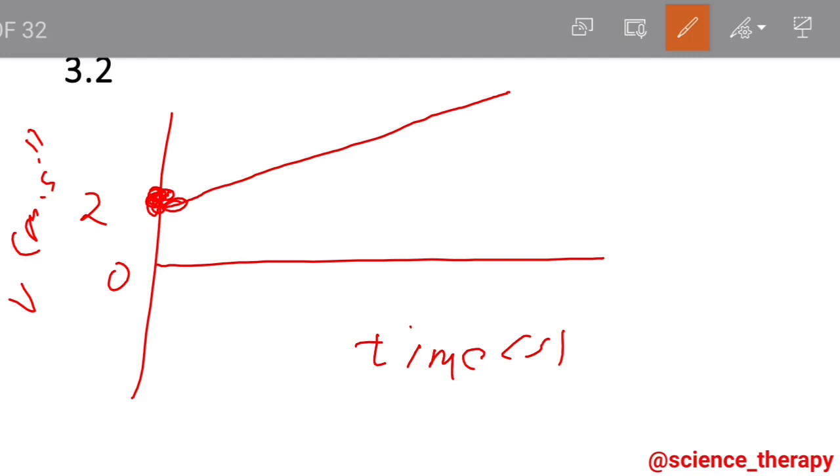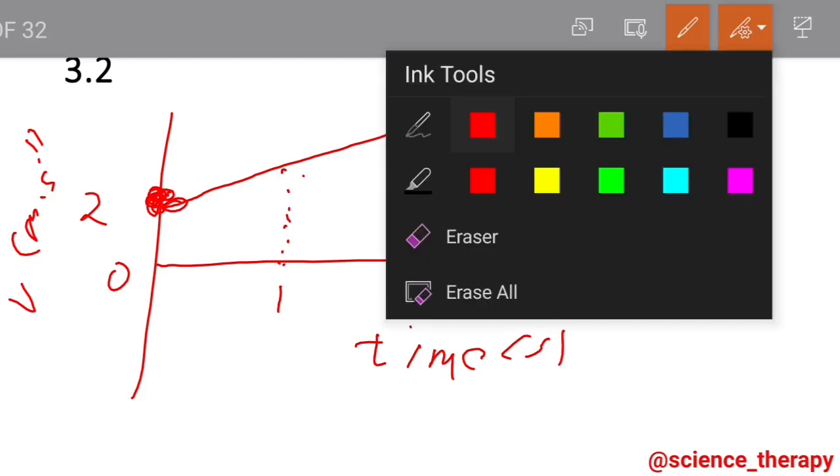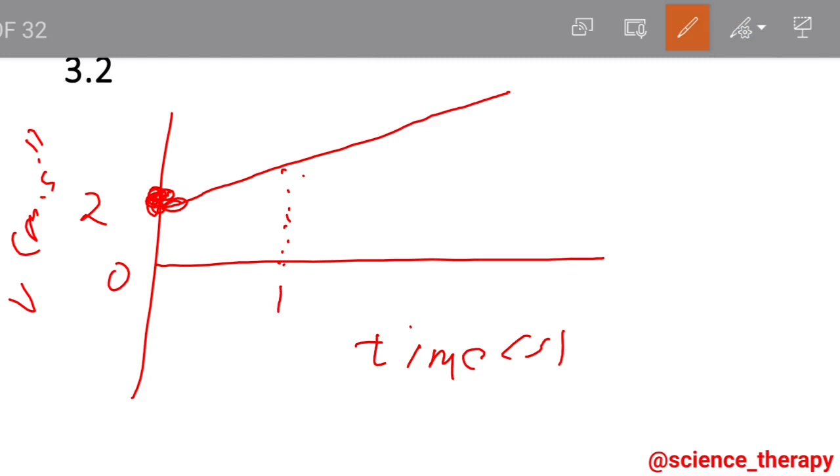And then ball B was thrown 1 second later, so we can just indicate that 1 second there. So it was thrown 1 second later. Let me erase that one. So there we have it.